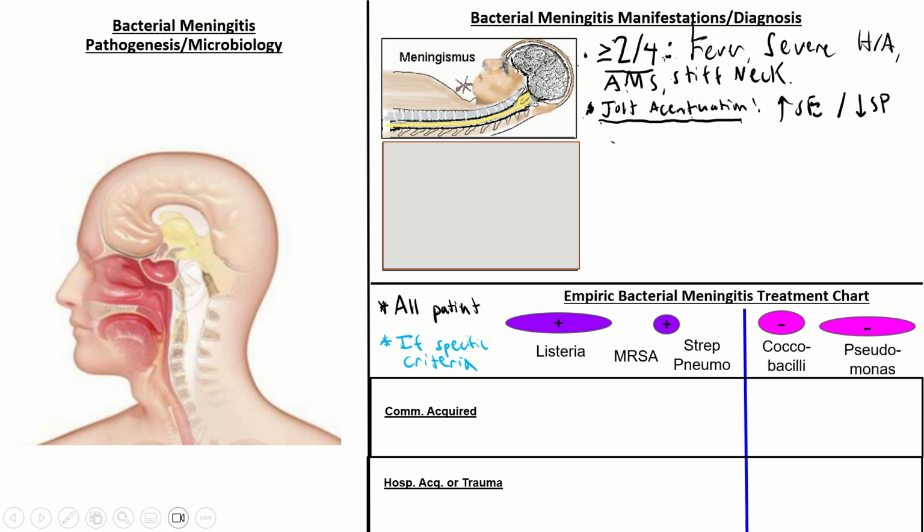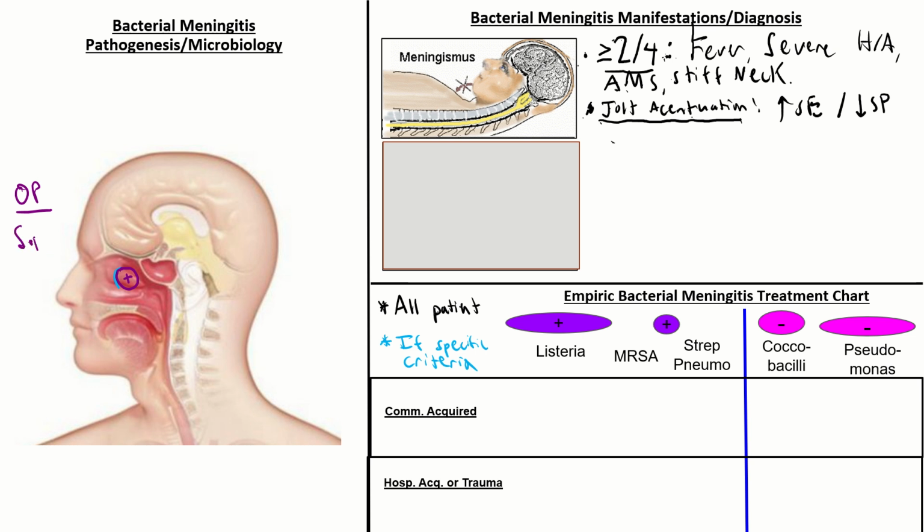All right, so going over the bacteria that usually cause meningitis. At least for community-acquired meningitis, these are really the bacteria that colonize your oropharynx, right? So the first one that we'll talk about is going to be strep pneumo. That's still really the most common cause of community-acquired bacterial meningitis.